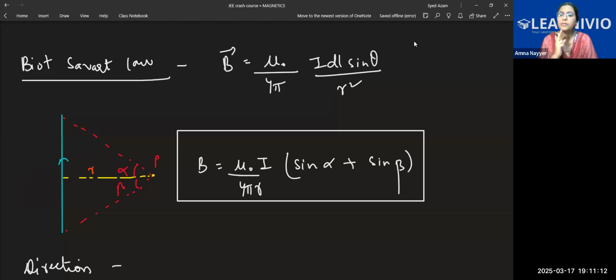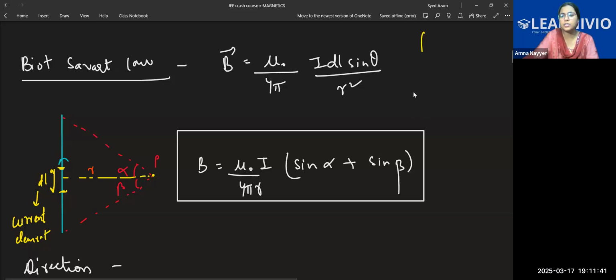That magnetic field is directly proportional to the current and directly proportional to dl. dl means a small portion of this wire that we have taken, whose length is dl, and we call this the current element. So I dl sin theta by R square, this is the formula.